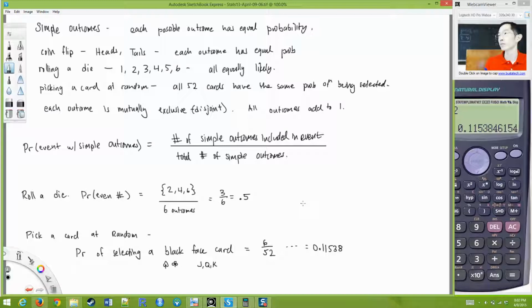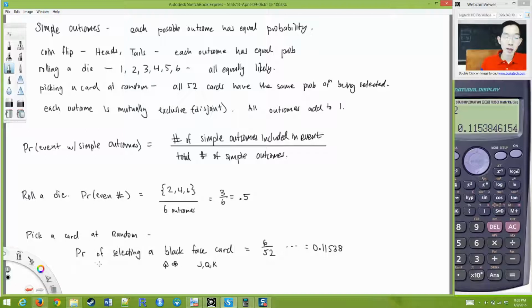Okay? Yes, question? But is that a simple outcome since it doesn't have the equal opportunity? There's less face cards than there are normal cards? So, picking a card at random from a deck is a situation involving simple outcomes. Okay? So each card has an equal probability of being selected.